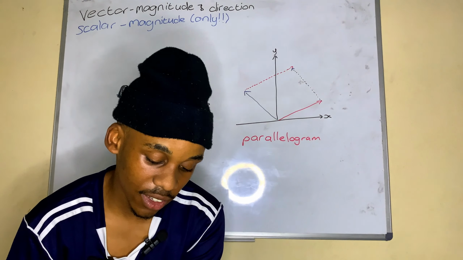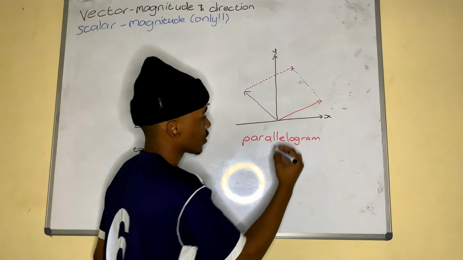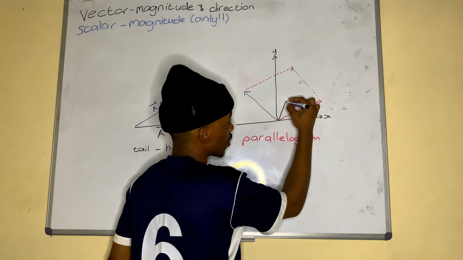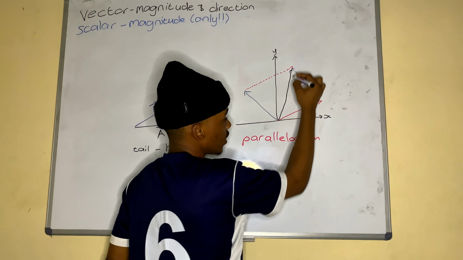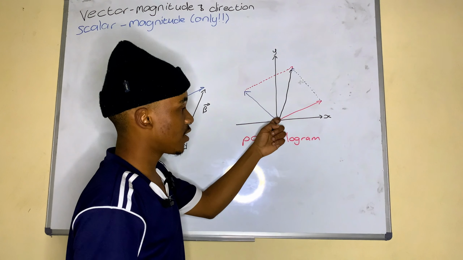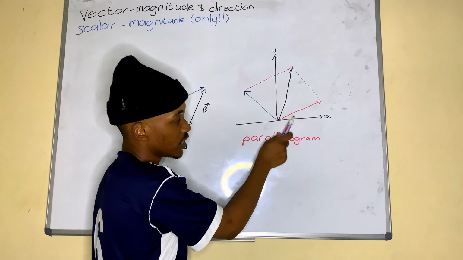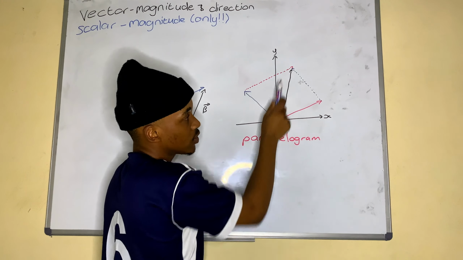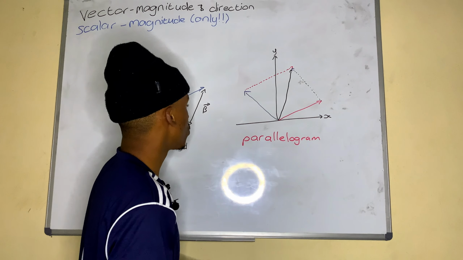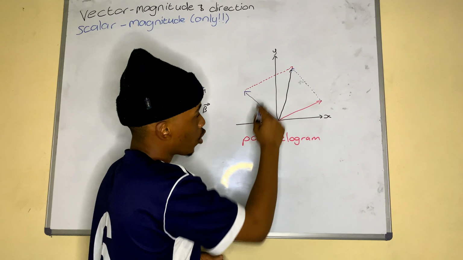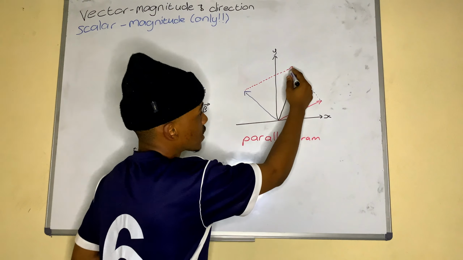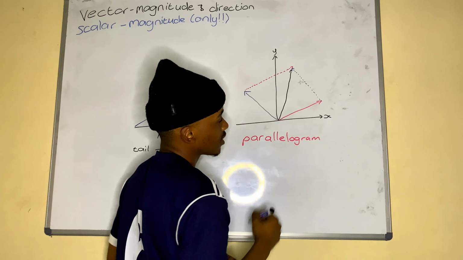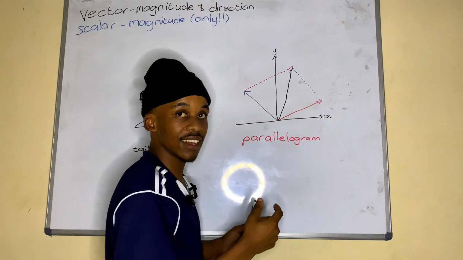To find our resultant, we would then draw a vector from the tail of both of these two vectors to the head of these two vectors, and this would be our complete parallelogram, and the vector that lies in between is known as our resultant vector.